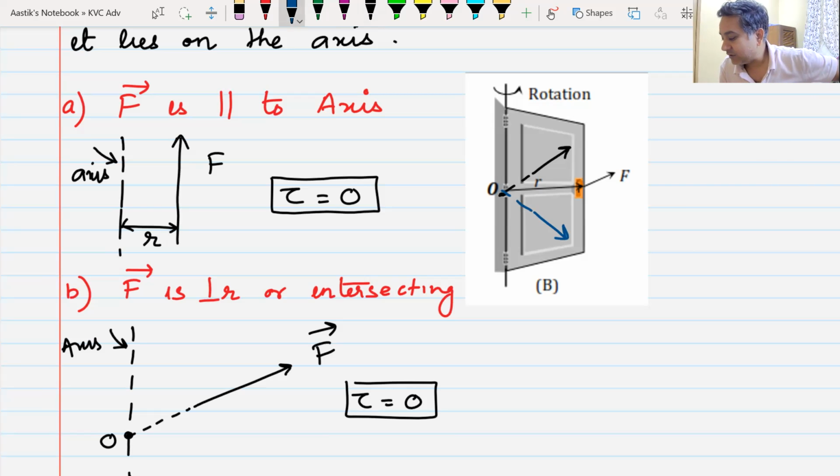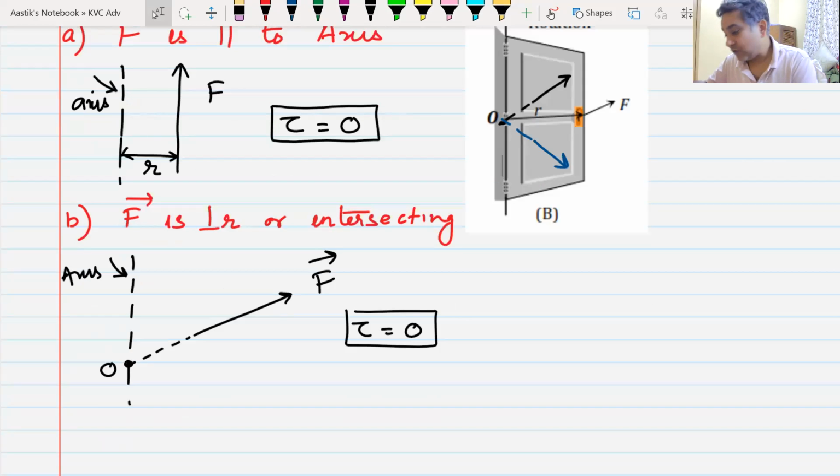Do we understand this, or has this gone above our heads? We got it, sir. That means, what does it mean? A force cannot produce a torque.